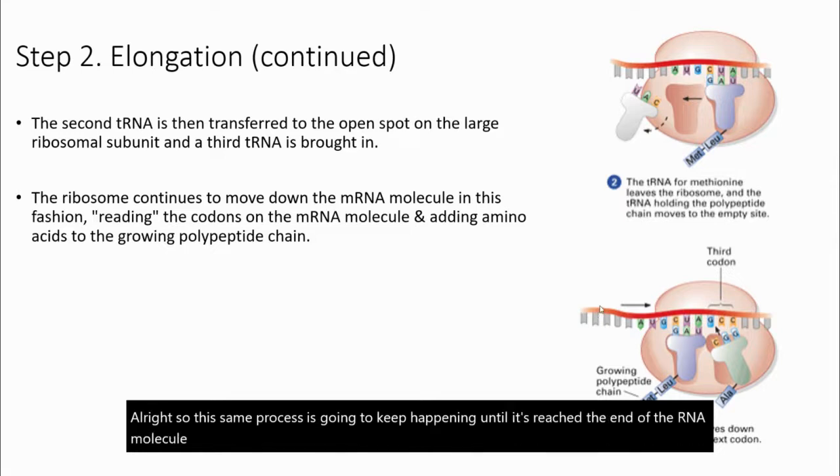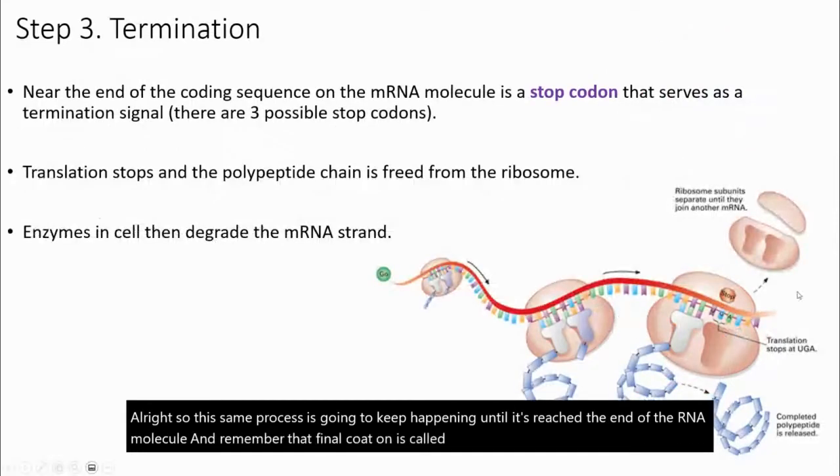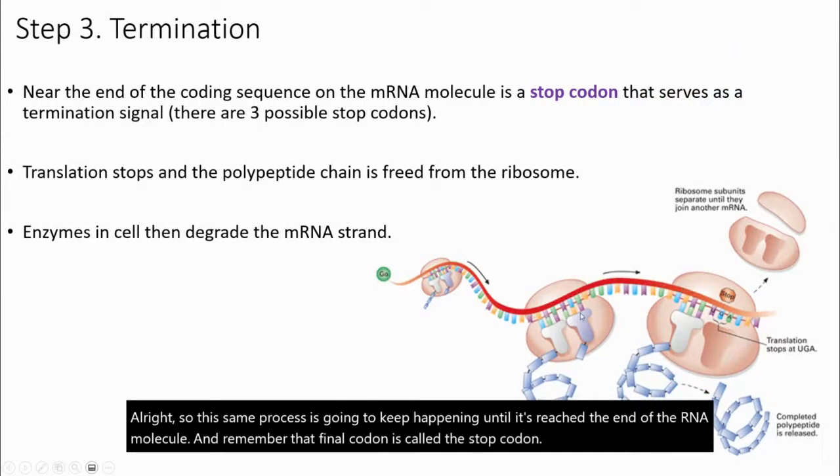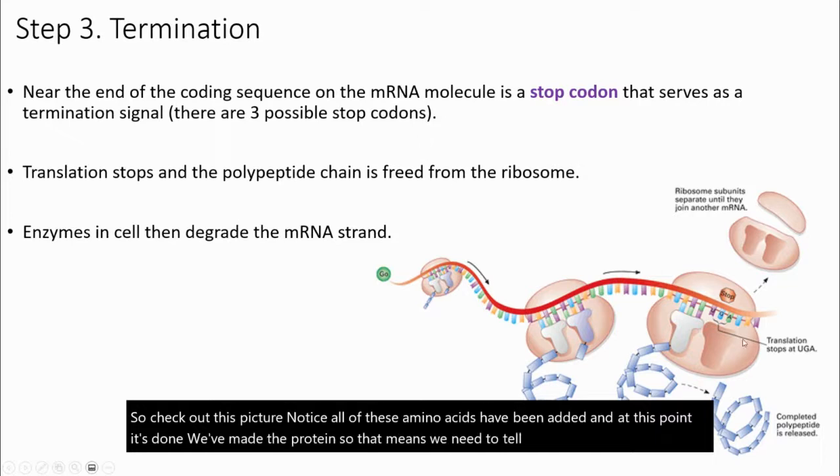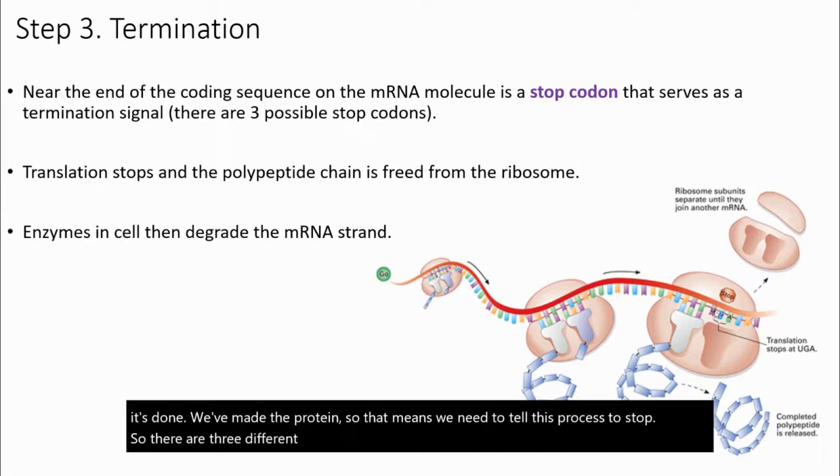And remember, that final codon is called the stop codon. So check out this picture. Notice all of these amino acids have been added, and at this point, it's done. We've made the protein. So that means we need to tell this process to stop. So there are 3 different codons that code for a stop codon.